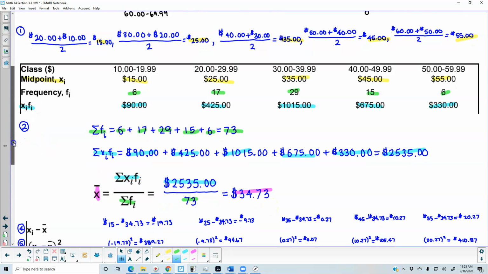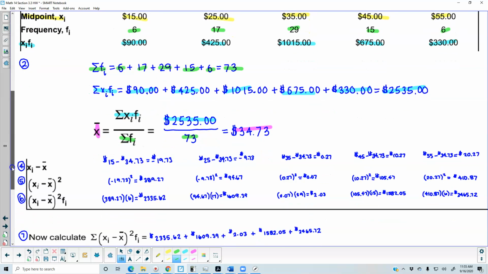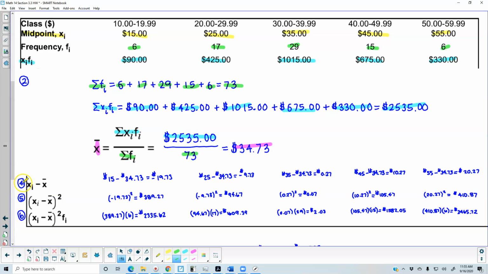Now, if we want to find the sample standard deviation, we're going to create 4, 5, and 6 lists. To figure out the first row, we're going to take the midpoint and subtract the sample mean. So 15 minus 34.73 gives negative 19.73. Then 25 minus 34.73 gives us negative 9.73.